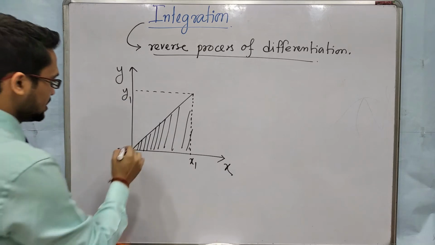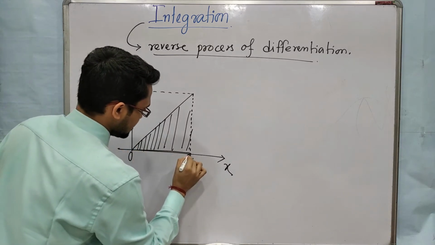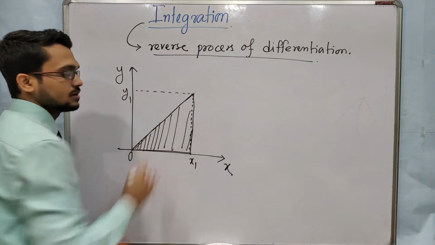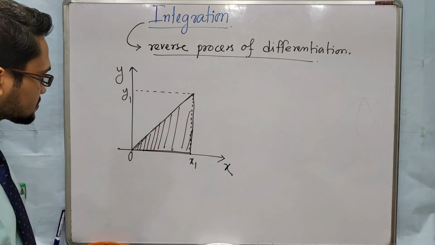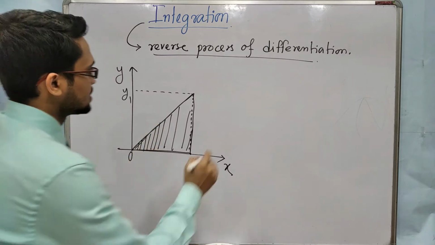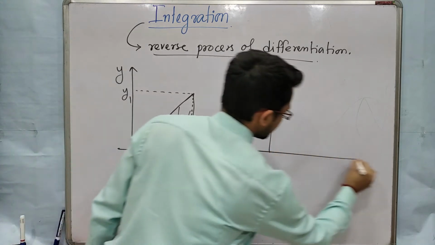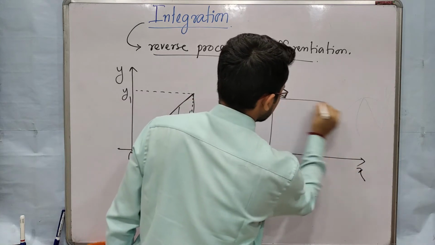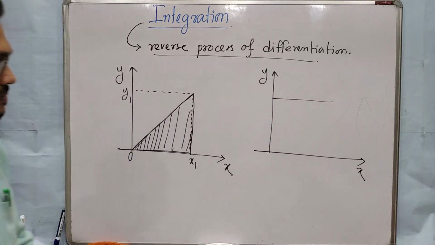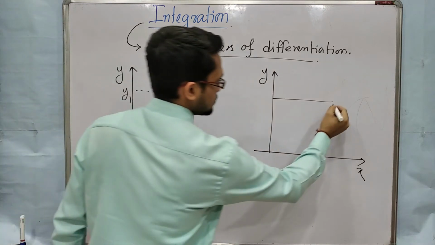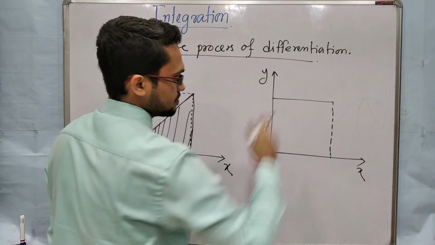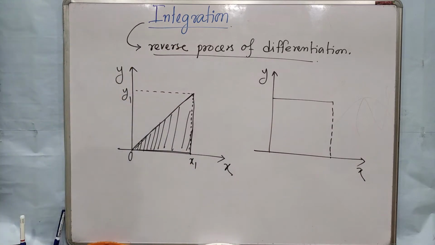So what will you do? You will use the formula for the area of a triangle, half into base into height, simple. If the graph looks like this, and you are asked to find the area under this graph, you will find the area of this rectangle or square.